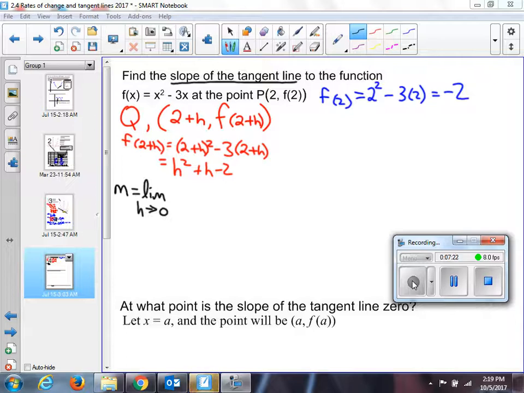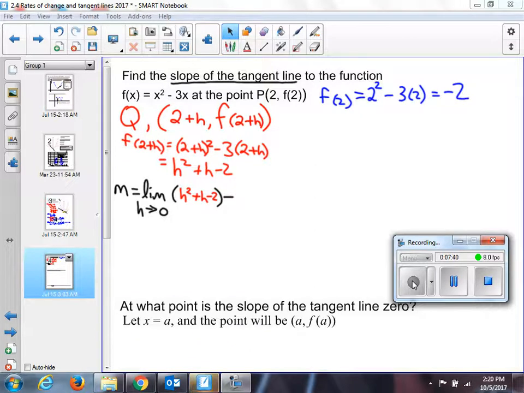Minuscule, right? And we're going to plug it into the slope formula. So the way we have it written here, I'm going to use my Q value for the y coordinate, h squared plus h minus 2. I'm going to subtract y minus y, right?